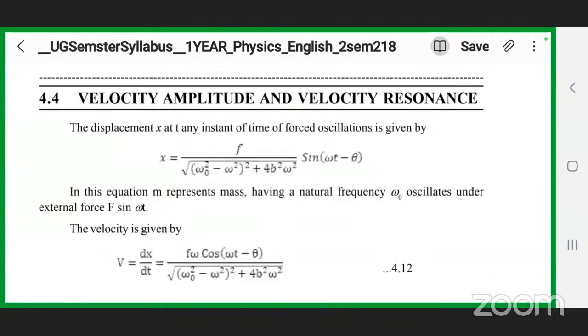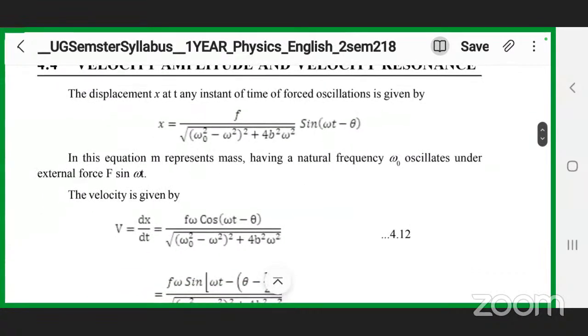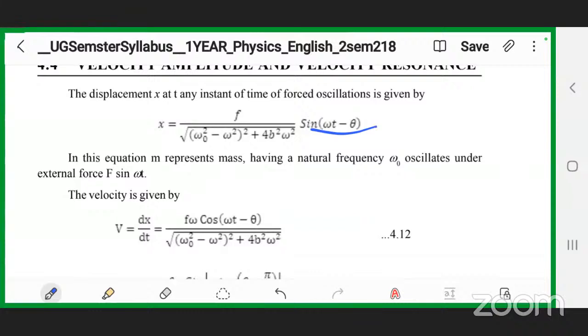The applied driving force, F sine omega t. So velocity, you know the x value. Differentiating this equation with respect to t, dx by dt is nothing but the velocity. Rate of change of displacement is nothing but velocity. So by differentiating, sine becomes cos, giving F omega cos.